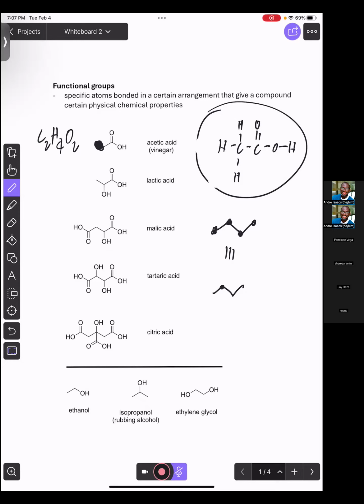I can see clearly that the carbon I've dotted here is connected to 2 other atoms, and they are carbons. This carbon is connected to a carbon on the left and a carbon on the right.